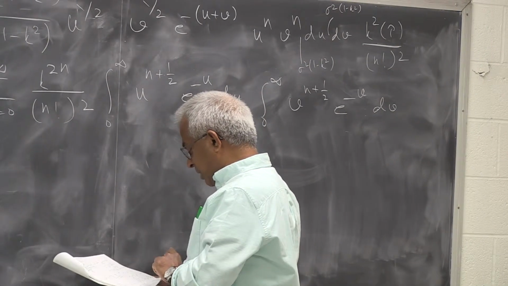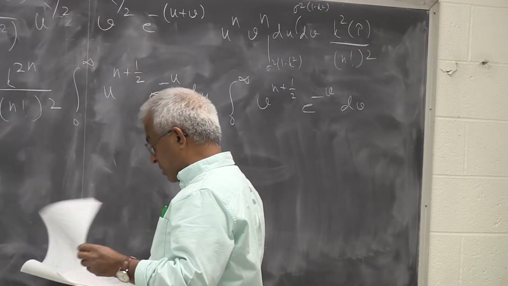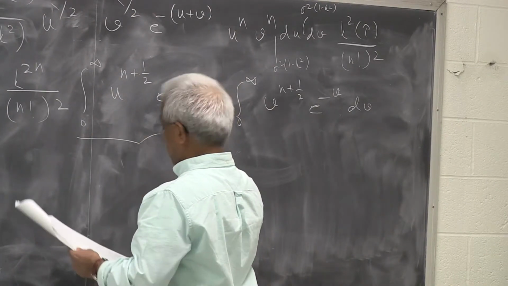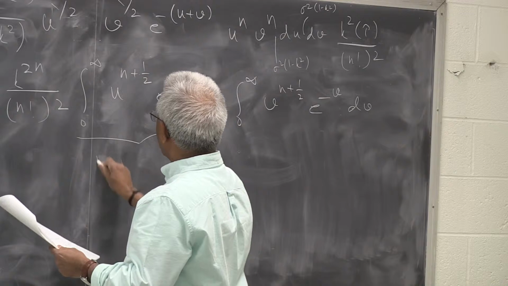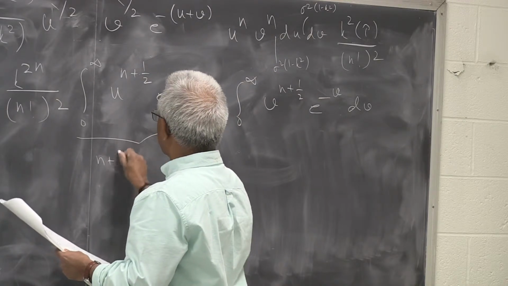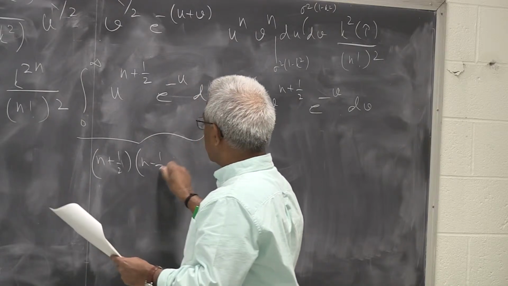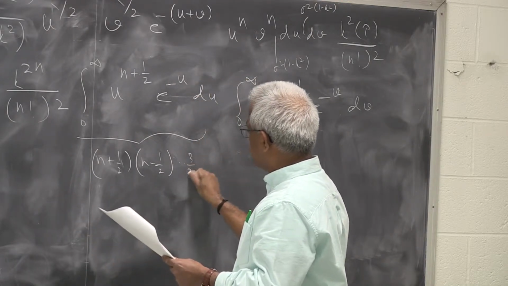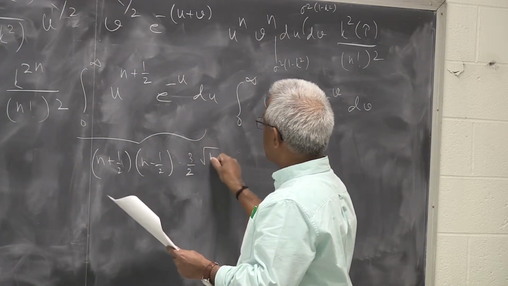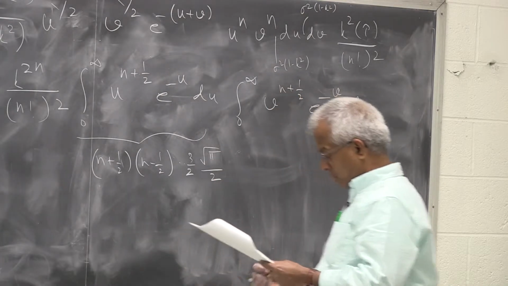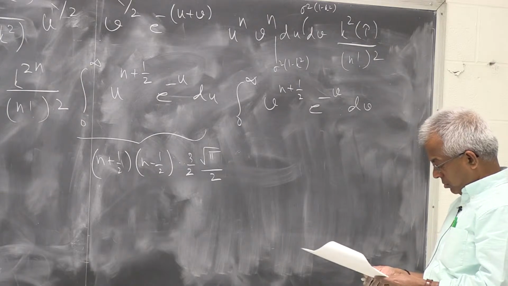But each of those integrals is a gamma function. So of course, you can just work it out. This will turn out to be n plus half and then n minus half etc. up to 3 by 2 multiplied by gamma half, which is square root of pi over 2.